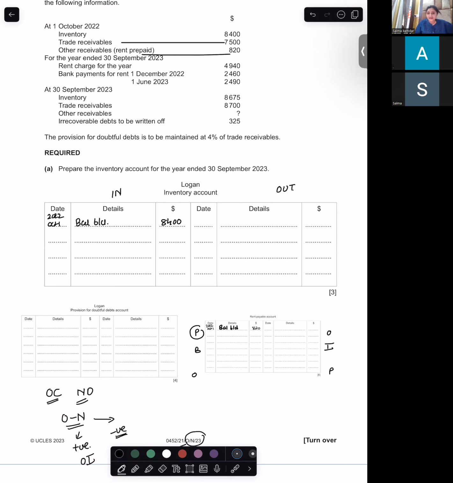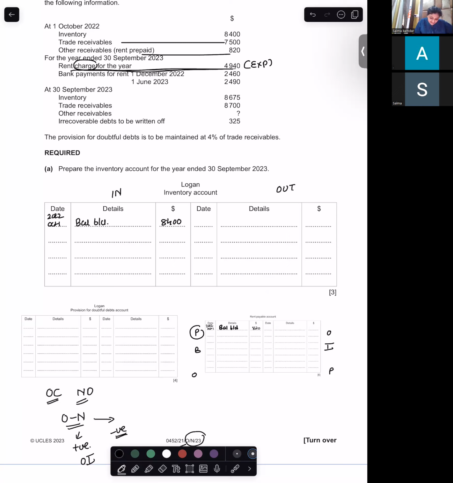What do you mean by rent charge for the year? It is the expenditure for the year, so it will be written as income statement, right? Charge for the year means expenditure for the year.